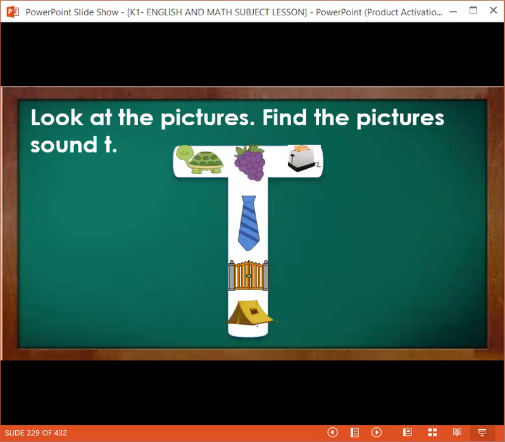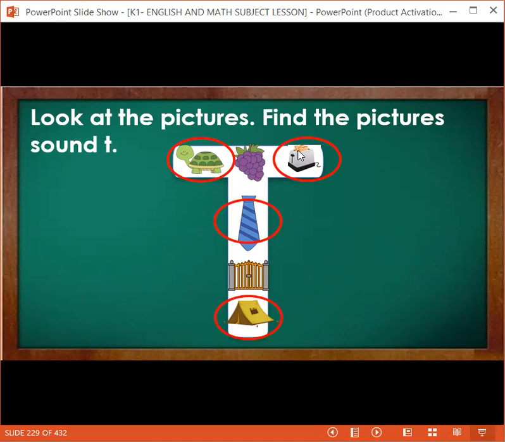Now, let's proceed here po. Kindly look at this picture. I want you to find the pictures that sound T. T. T. What is your answer here po? Kindly check it po and find the pictures that sound T. Okay, so the answer here is turtle, toaster, tie, and tent.